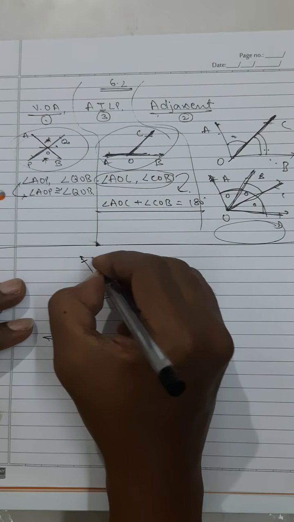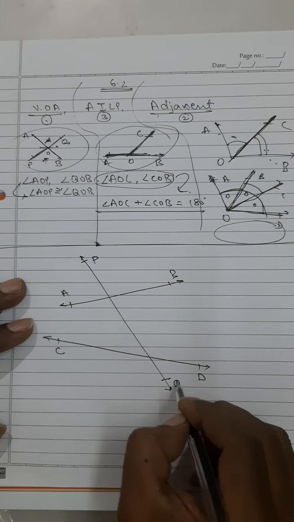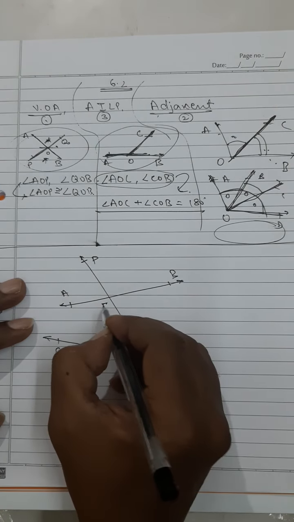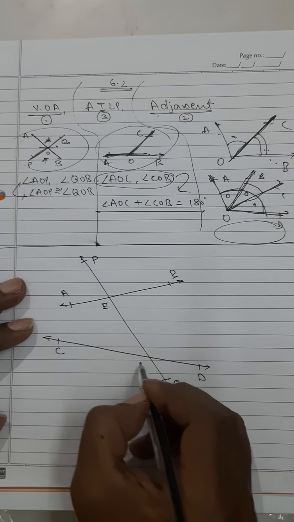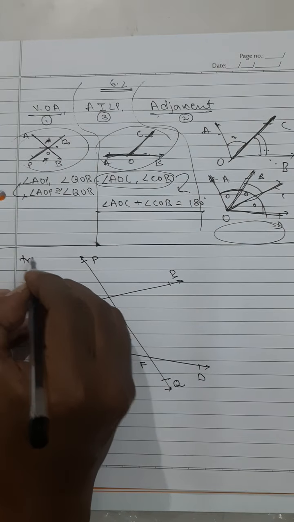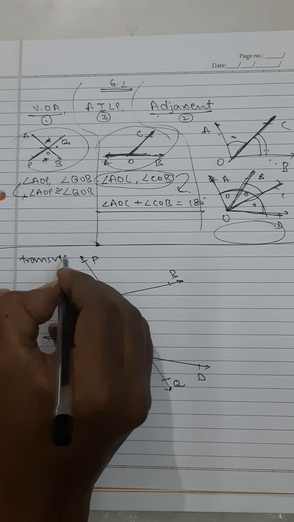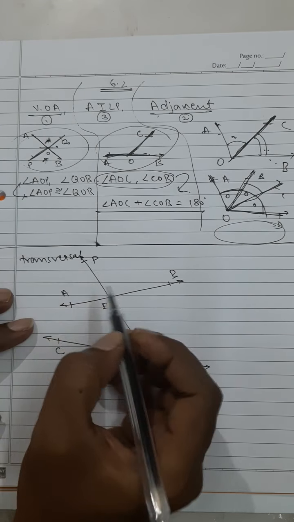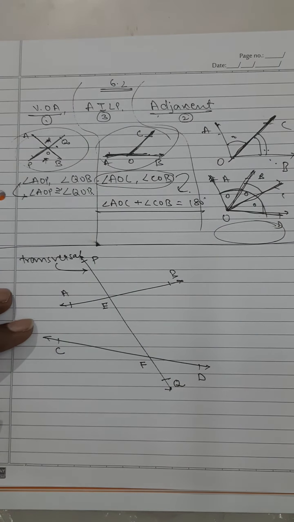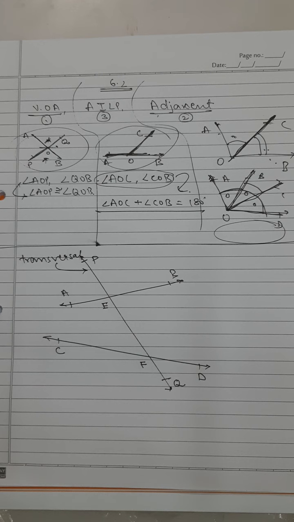And there is a transversal PQ, which is cutting AB at E and CD at F. See, this is called a transversal. Why is it called a transversal? Because this is the line which is intersecting both the other lines, AB and CD, simultaneously.